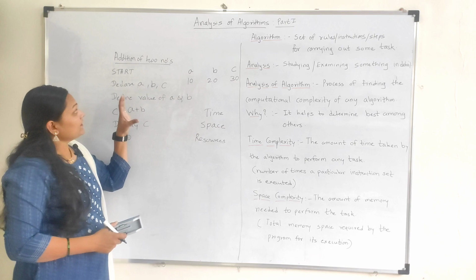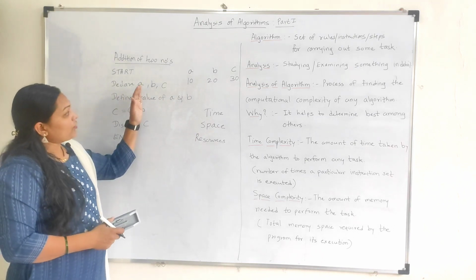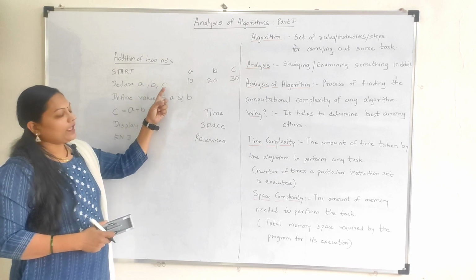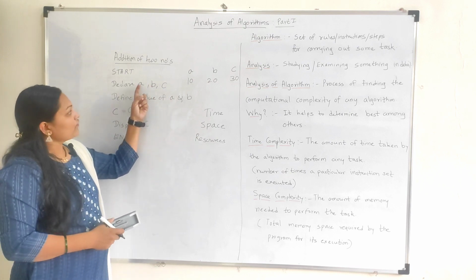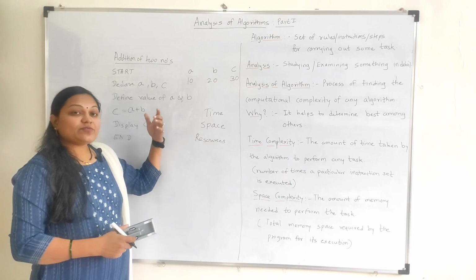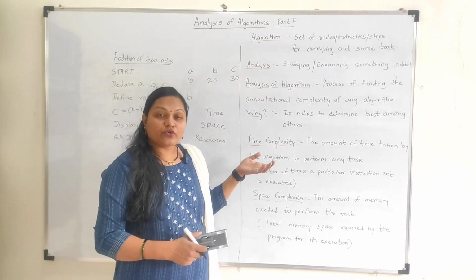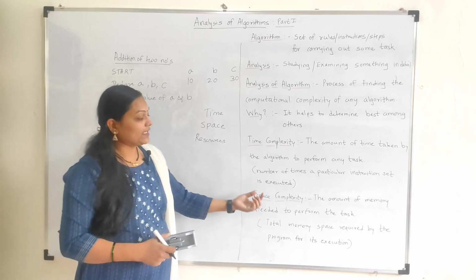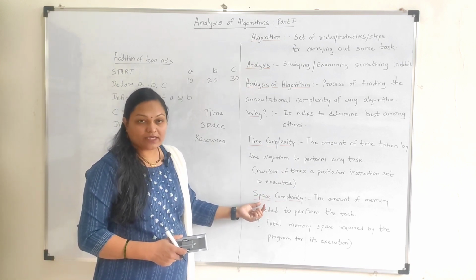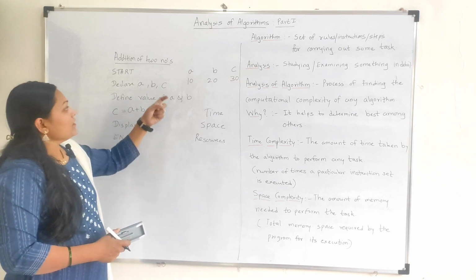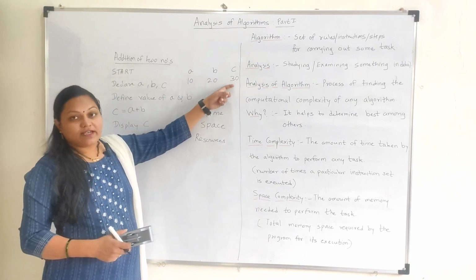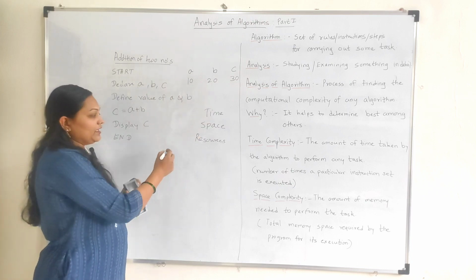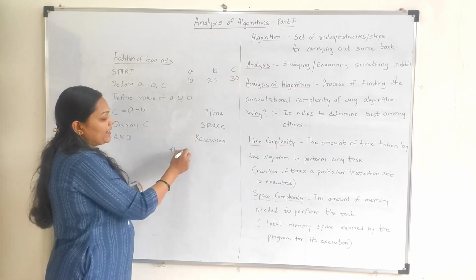If you are considering this particular example, how many variables are there in this example? 3 variables, A, B, C. So for 3 variables, how much memory space is required to store them, that we consider for calculating space complexity. These are integer values, and to store an integer value in the computer memory, we require 4 bytes.